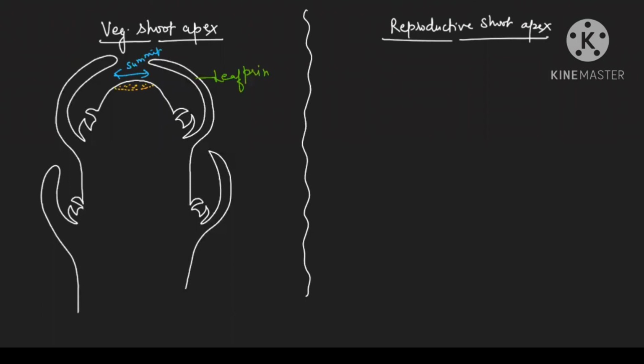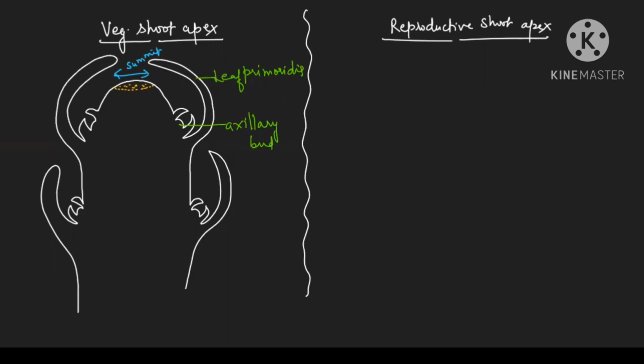The shoot apex is covered with the help of leaf primordia. And these are the axillary buds. Axillary buds are the part of the apical meristem which are left behind. It is there in the NCERT also. On page 85, you will find that during the formation of leaf and elongation of stem, some cells are left behind from the shoot apical meristem, and they form axillary buds.